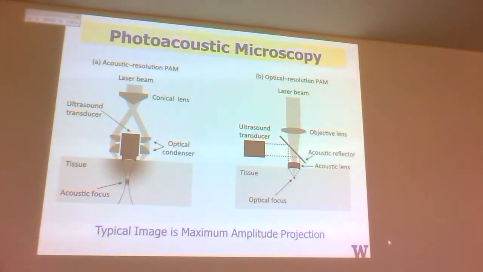And I originally was not a big fan of this because of the regime that it started with, which is called acoustic resolution photoacoustic microscopy. And the idea there was that you would bring light in with the optical condenser. So you bring light in, and you'd be working in a range where you're not fully diffused. You're not truly ballistic, but you're not fully diffused.